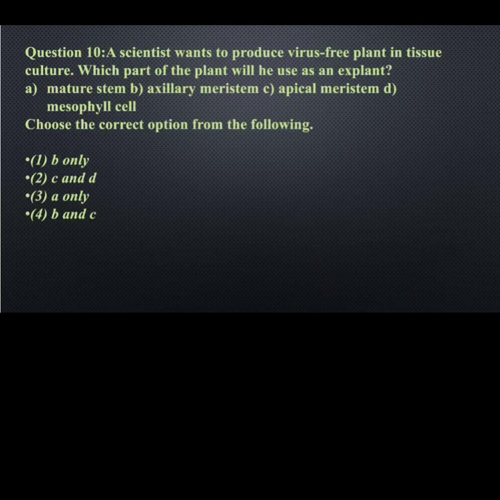A scientist wants to produce virus-free plants in tissue culture. Which part of the plant will he use as an explant? Mature stem, axillary meristem, apical meristem, mesophyll cell. Choose the correct option.